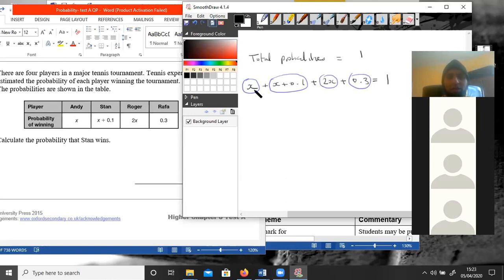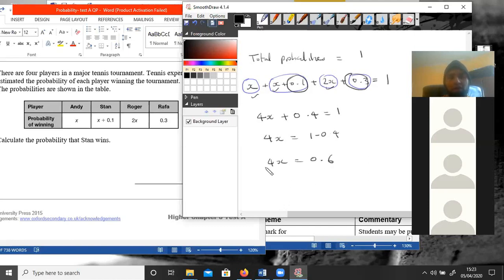So if we add them all up, let's add all the x's up first, like terms. x plus 2x plus x is going to give you 4x. 0.1 plus 0.3 is going to give you 0.4. So 4x plus 0.4 equals 1. Now, if you rearrange this, 4x equals 1 minus 0.4, which gives you 4x equals 0.6.